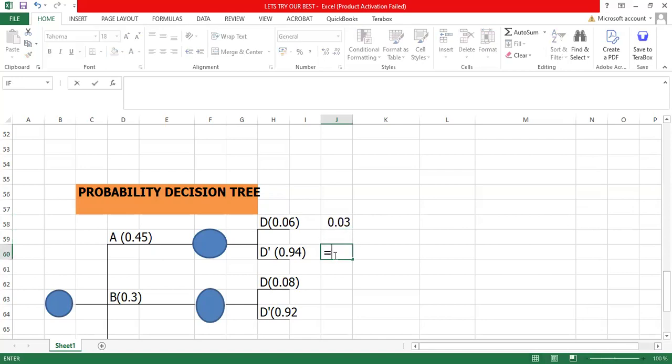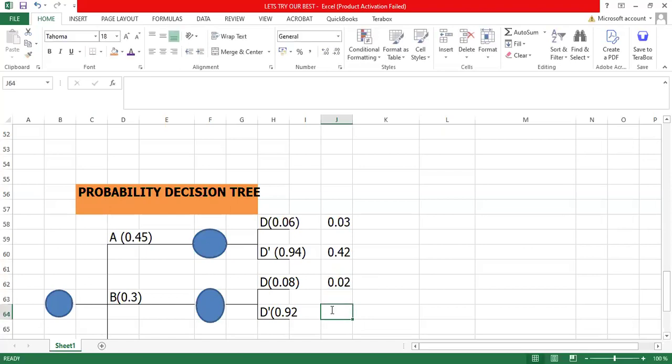Then here it will be 0.45 times 0.94. Then here it will be 0.3 times 0.08.